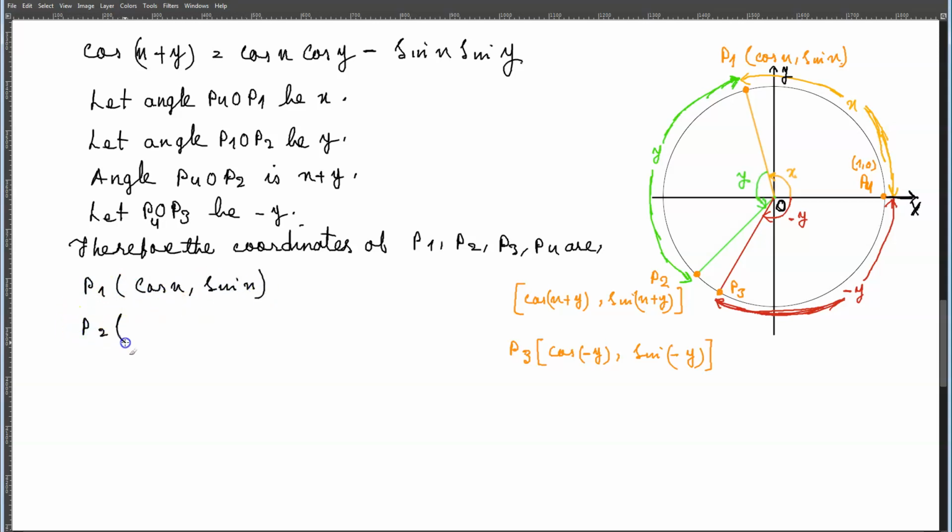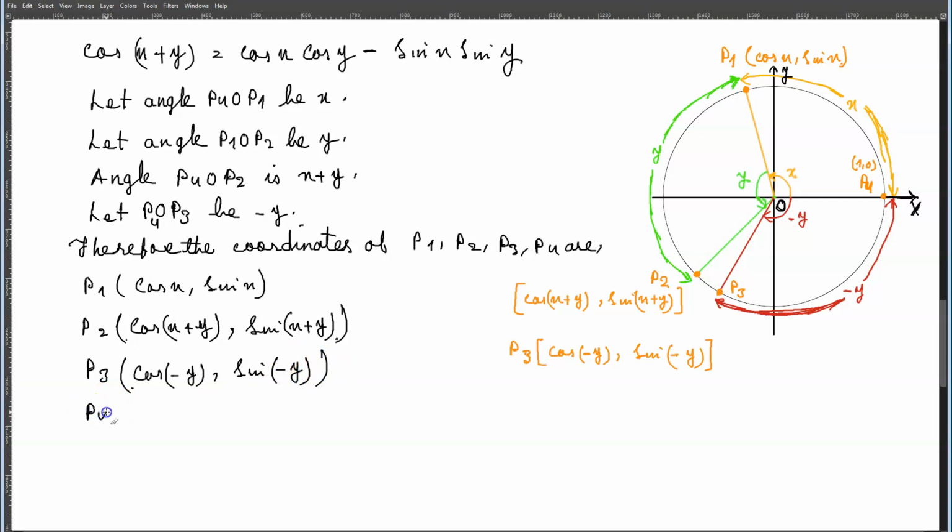P2 would be cos of x plus y, comma, sine of x plus y. P3 would be cos of negative y, comma, sine of negative y.